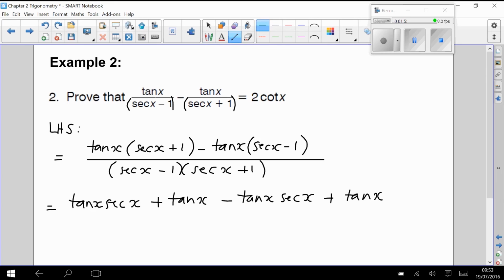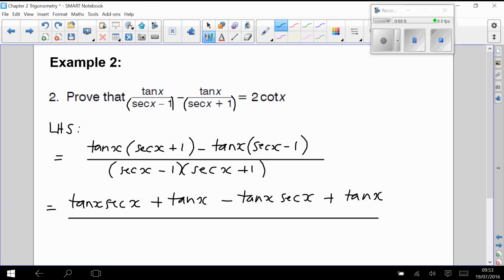And if I multiply out my difference of two squares factors in the denominator, then I end up with sec squared x minus 1.